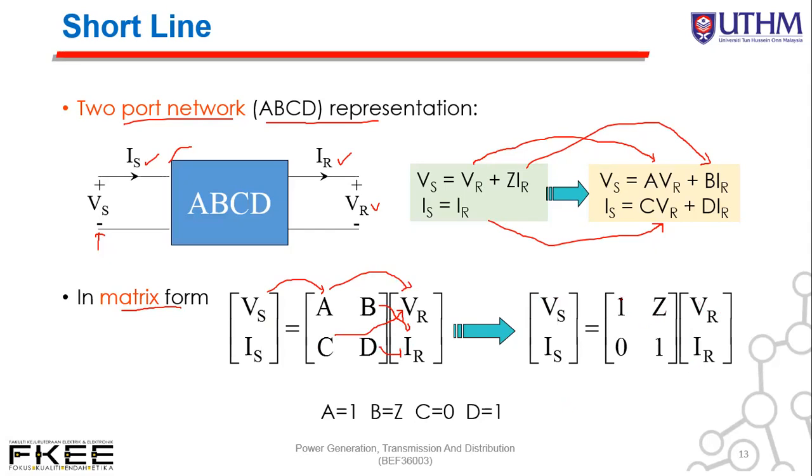So 1 is A, Z is B, C equal to 0, and D is equal to 1. This is the simplified two-port network, or ABCD representation, for the short line model.